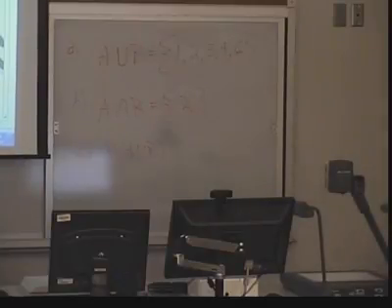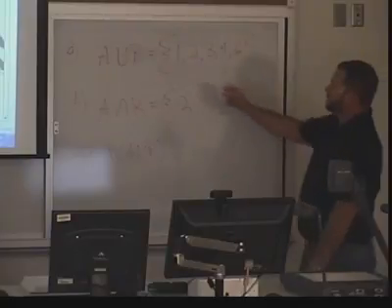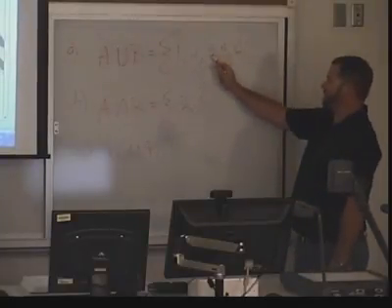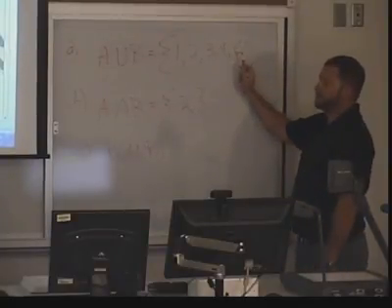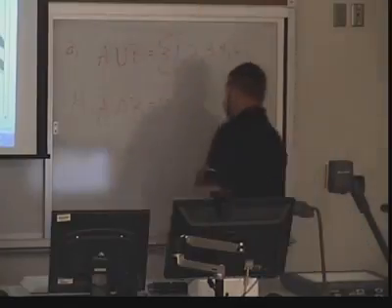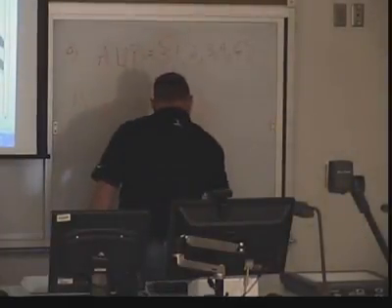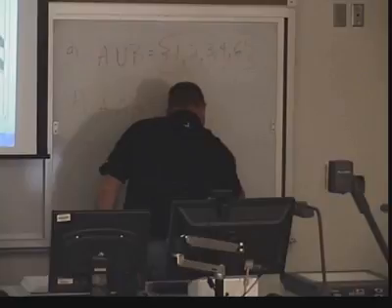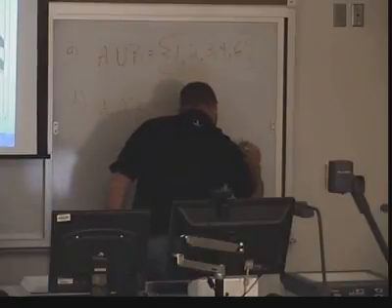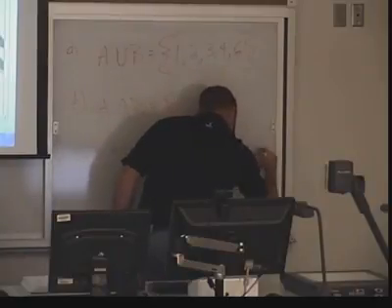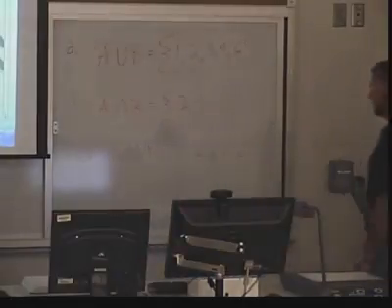But to roll any one number is 1/6. So it's 1/6 plus 1/6 plus 1/6 plus 1/6 plus 1/6, which equals 5 out of 6.